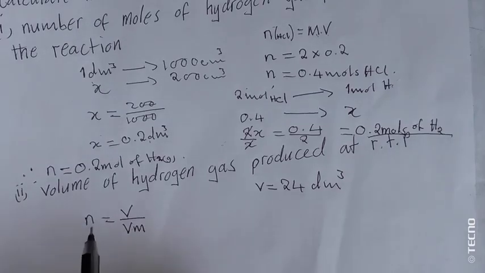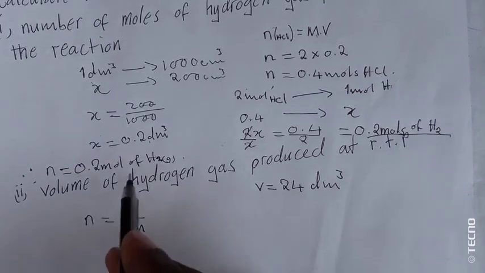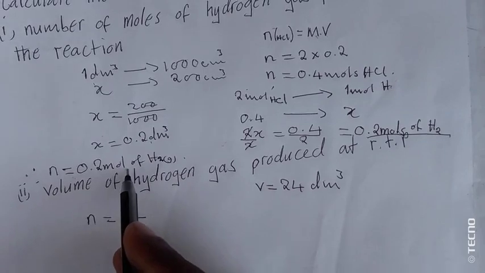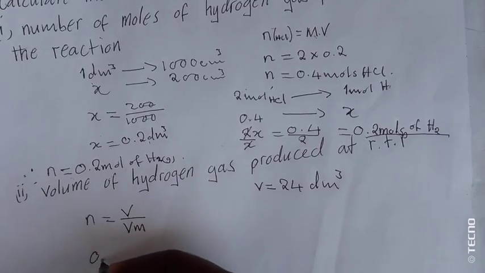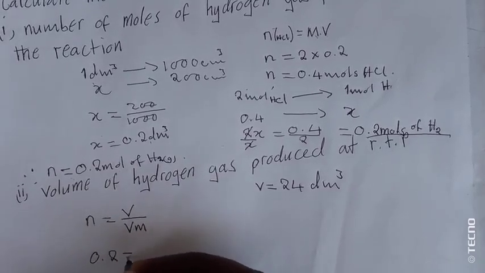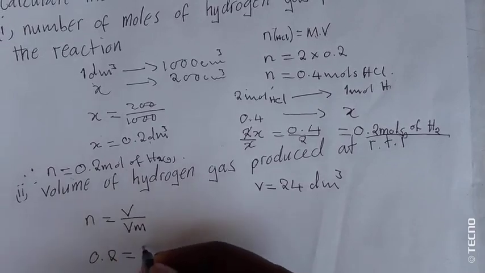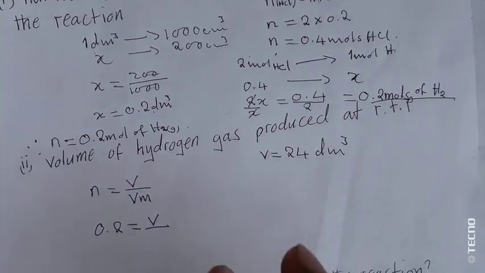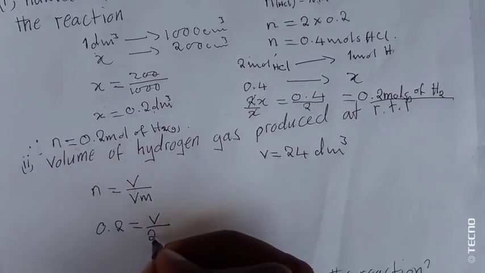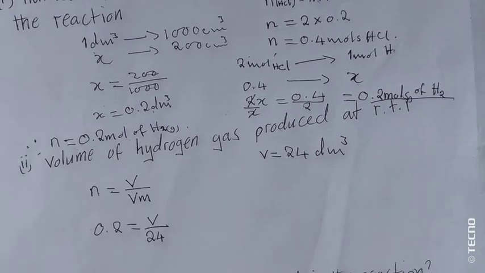So we'll just replace where there is n by what we have been given. Where there is n, you replace by the number of moles of hydrogen, which is 0.2, is equal to V over 24.